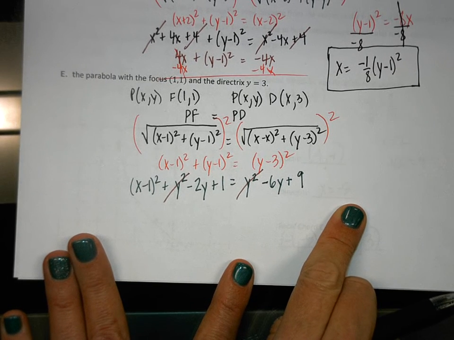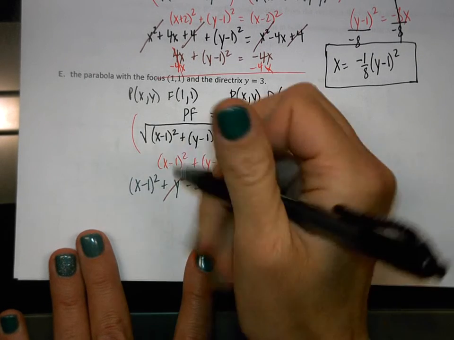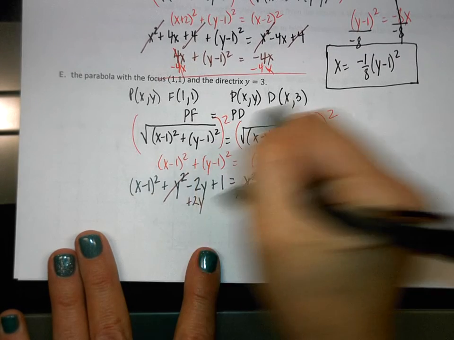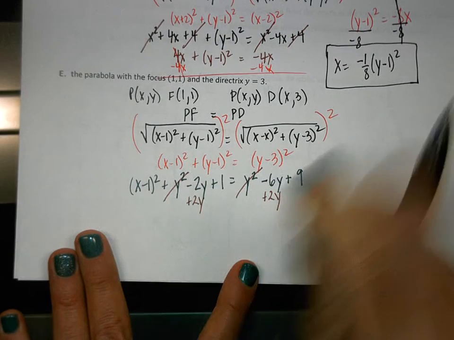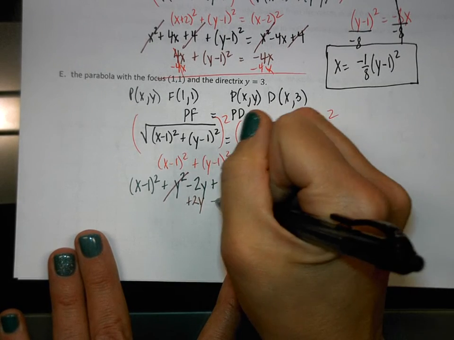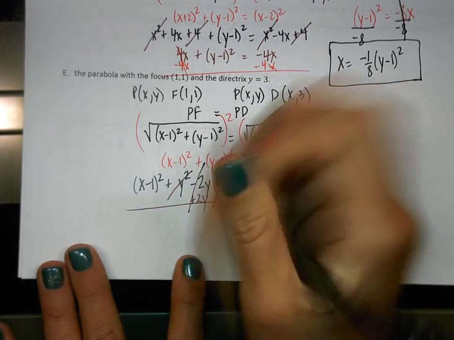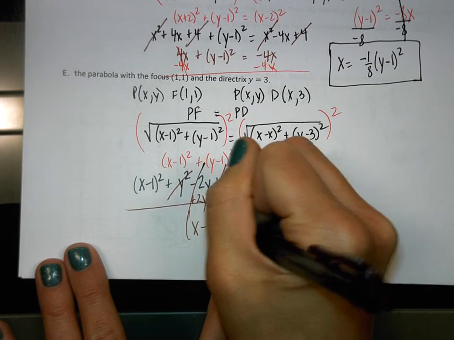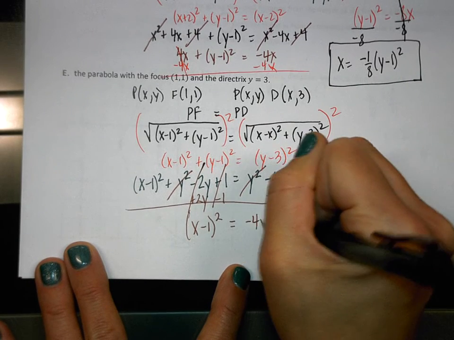Okay, but I would suggest putting everything to one side because we want to end up getting the y so it doesn't have a number in front of it. So I'm going to add 2y and subtract 1 at the same time. Okay, and so we end up with (x - 1) squared equals negative 4y plus 8.